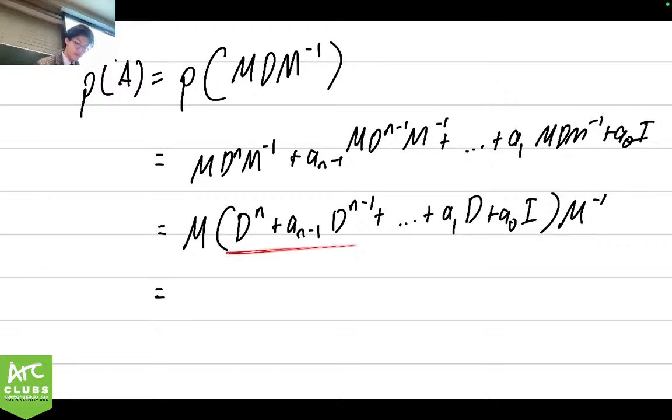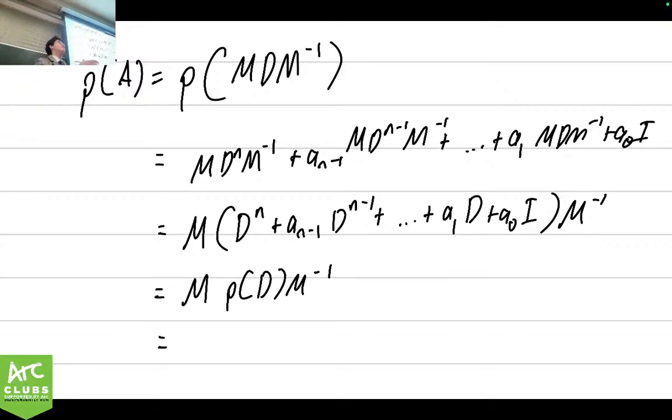Notice here that this is just p of D. So we'll have M p of D M inverse. And since, as we proved in part 1, p of D is the zero matrix, we'll have the zero matrix here as well. That's how we prove p of A is also the zero matrix.